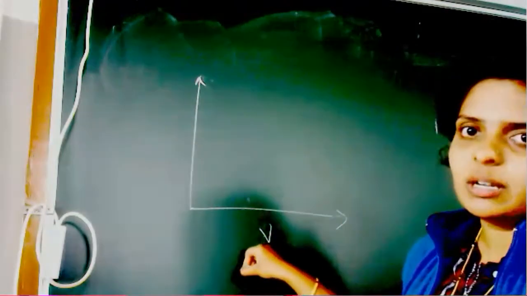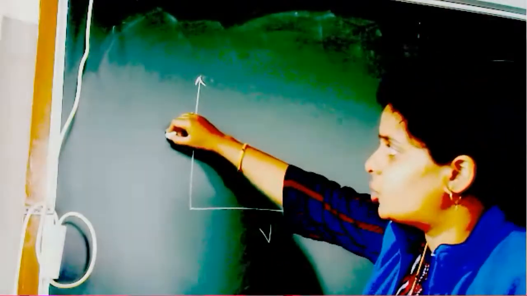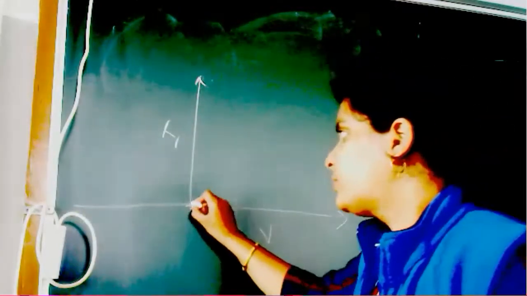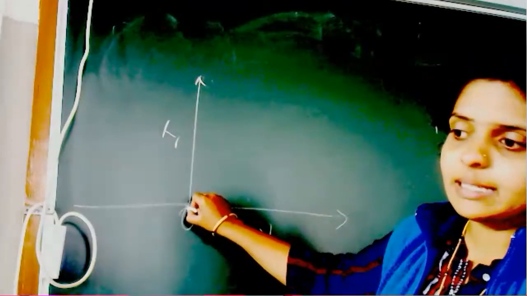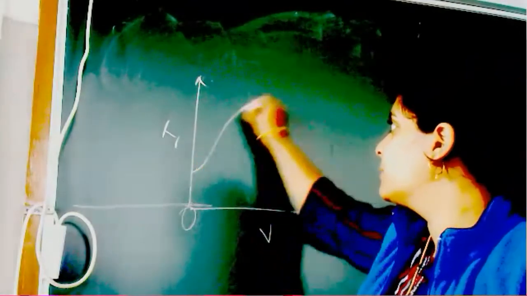And along the y-axis we have the photoelectric current. This is not only current, it is photoelectric current. Here we are taking the negative axis also. This is your 0. So the nature of the graph is something like this.